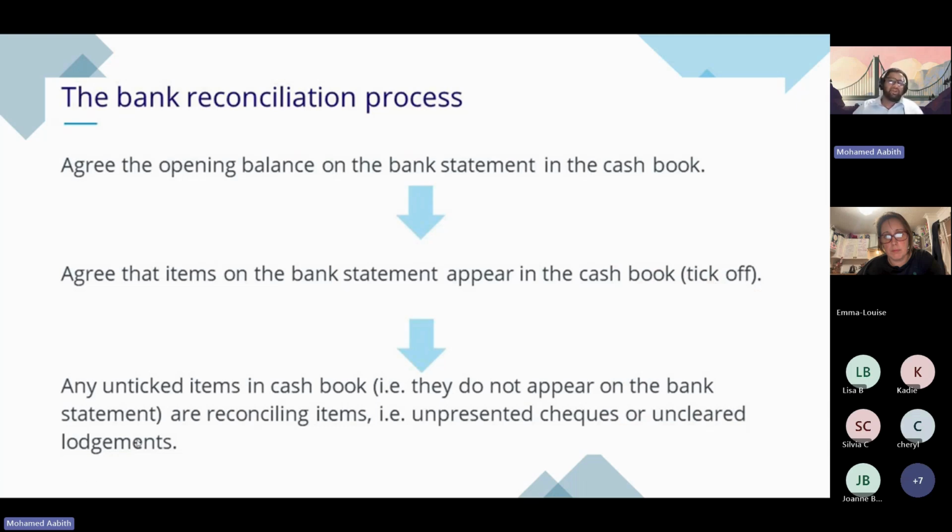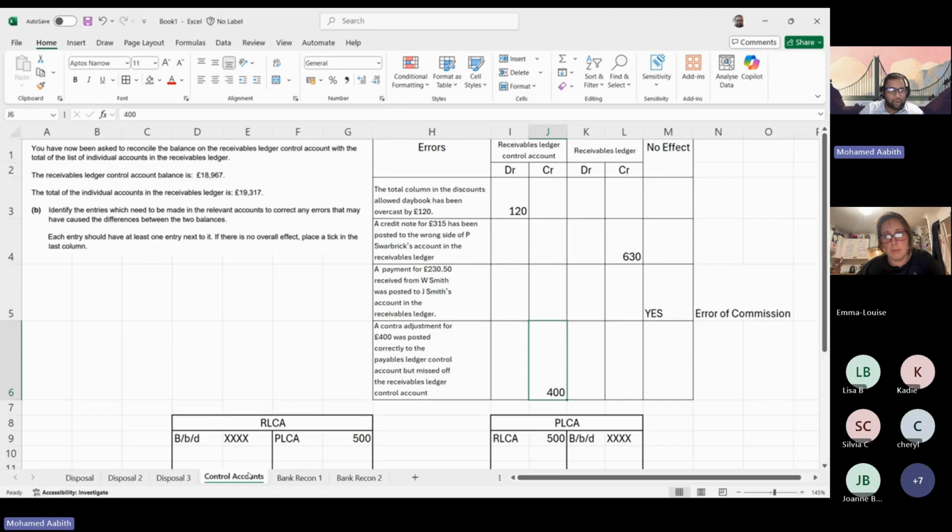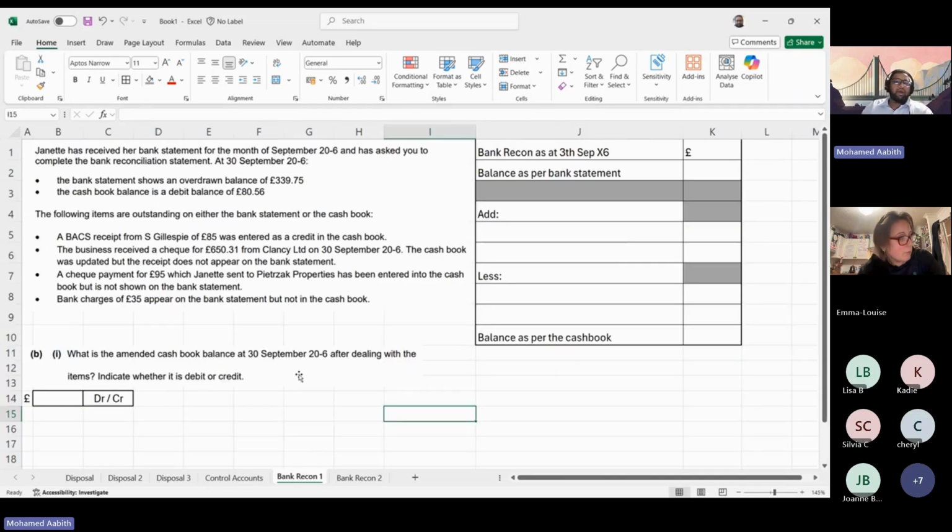So let's do a question or two. I have two questions we'll be able to go through here. Jeanette has received her bank statement for the month of September 2016. She is asked to complete the bank reconciliation statement at 30th September 2016.